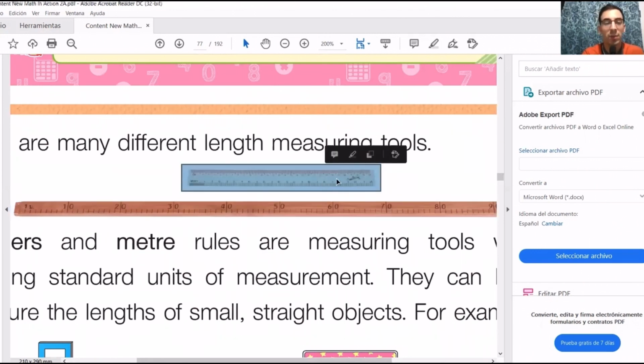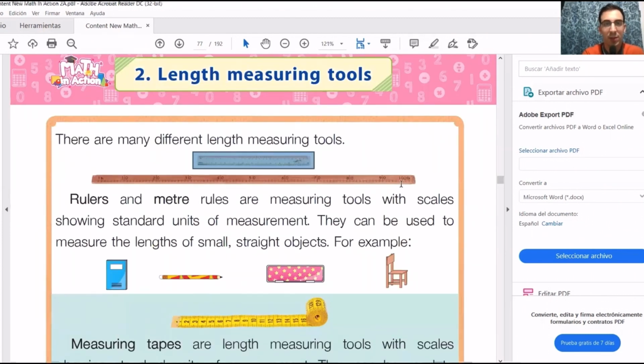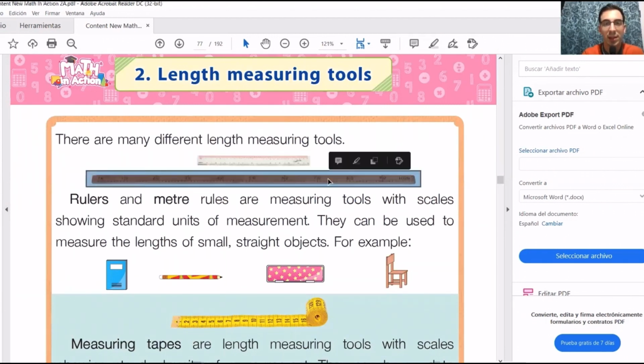The ruler is most of the time plastic, small and flexible. We can find some metal rulers also, but most of them are plastic. So this is a ruler, and this is a meter. This is easy to remember because the word is the same as 1 meter, and normally the length of this ruler is 1 meter.